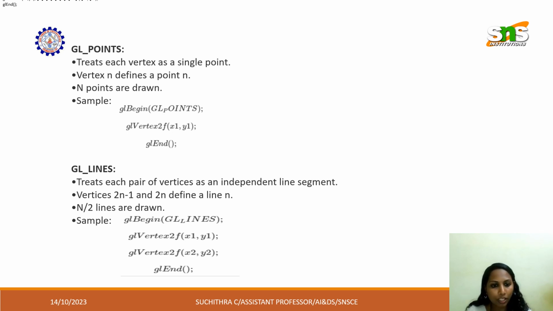For lines, we have to give two points, two vertices. So we are giving the two vertices, then glEnd.